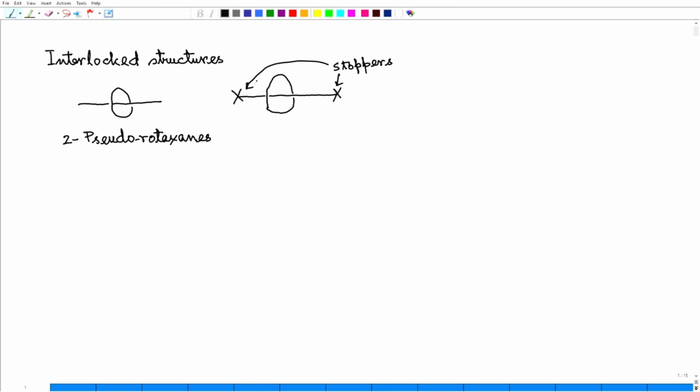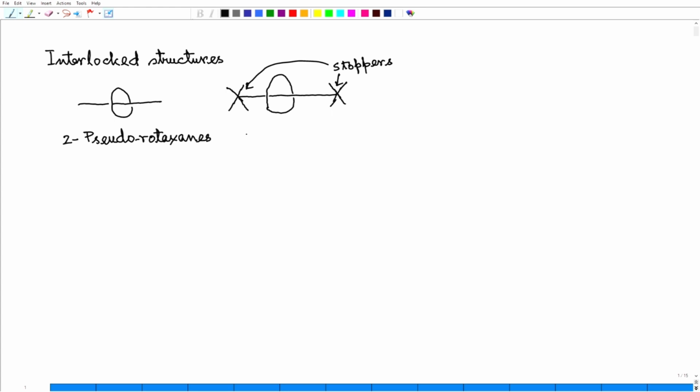So, here you can see that once this macrocycle is inside this rod, it cannot go out very easily. Maybe I can draw these stoppers a little bit bigger. So, I really impress upon you that the macrocycle cannot go out. And then what is the name of this particular interlocked structure?